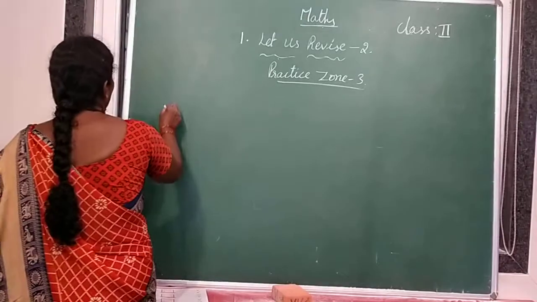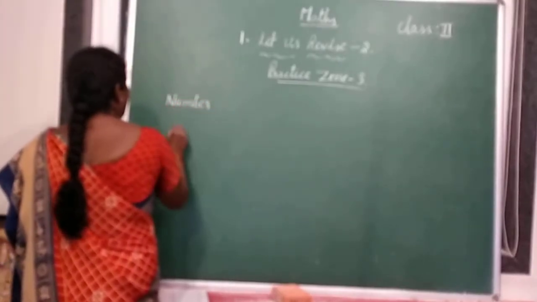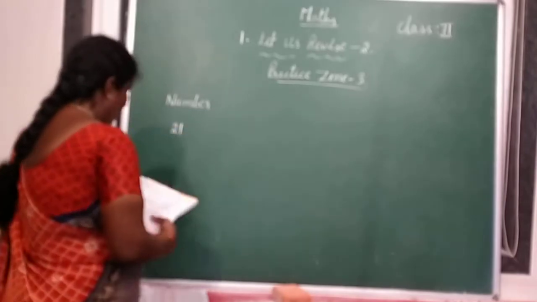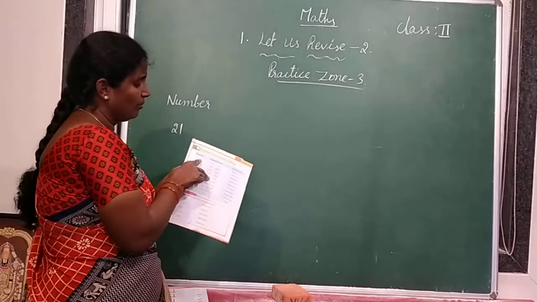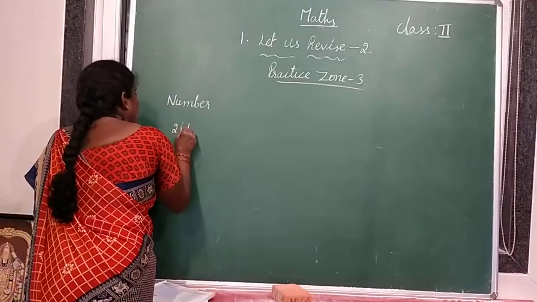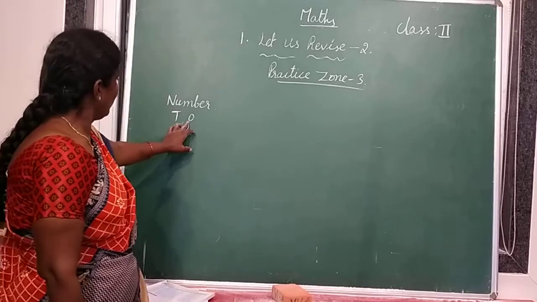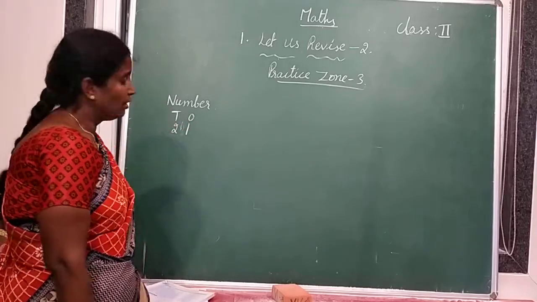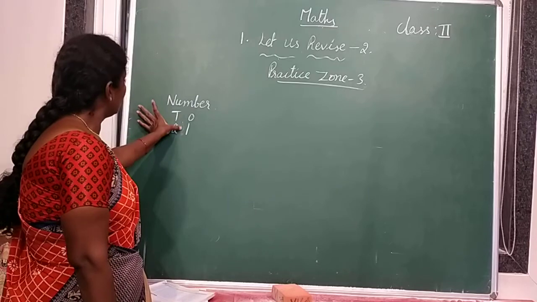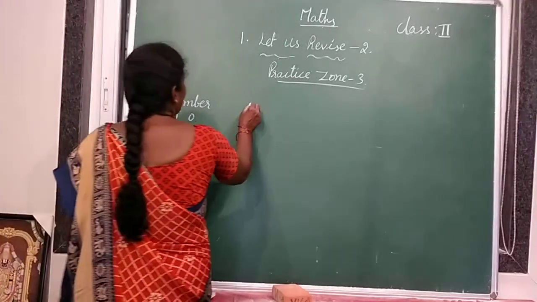So what is that number? Number is 21. So what is its expanded form? So place values are ones place and tens place. Here how many tens are there?